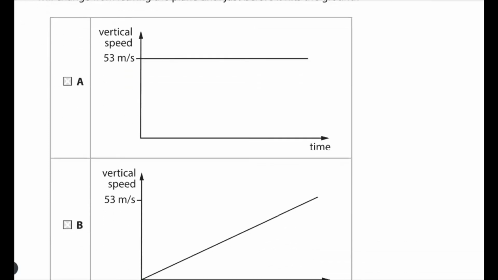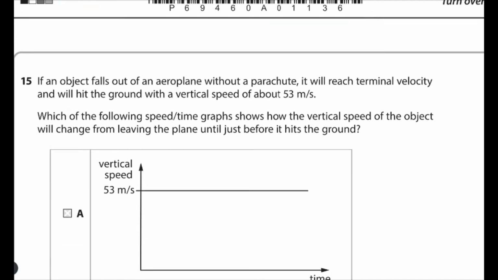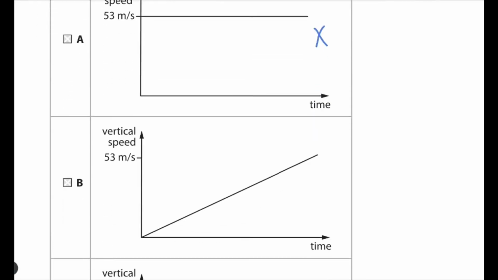Here the speed increases. If something drops from stationary, it keeps on increasing. So it can't be A, because A shows a constant speed. We can't have this, so let's look at the others.